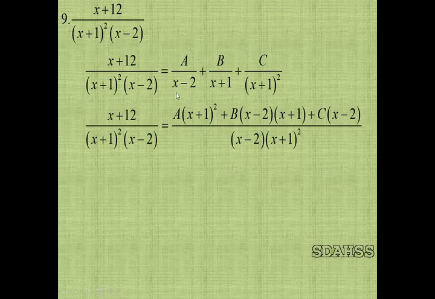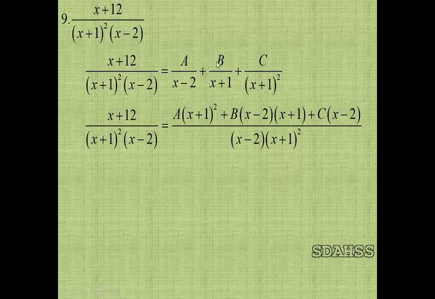Take the LCM. Here the LCM is x minus 2 into x plus 1 whole square. Now compare the denominators. Take down the first term, then compare the denominator. Here the x plus 1 whole square term is missing, so you have to write a into x plus 1 whole square, plus b.